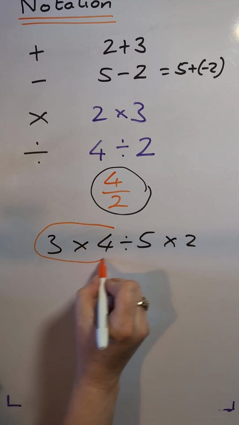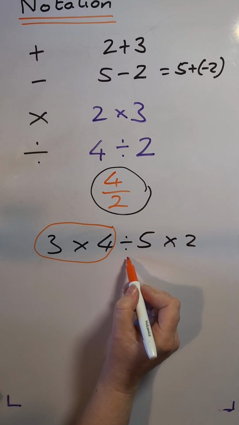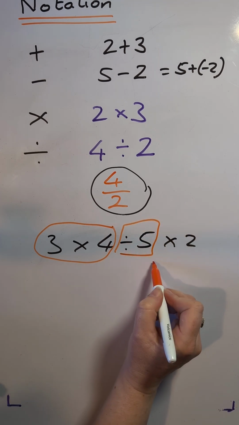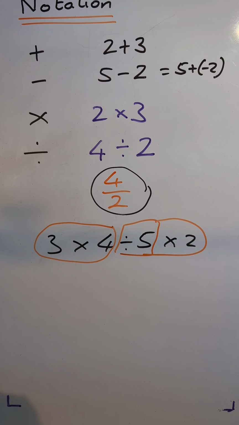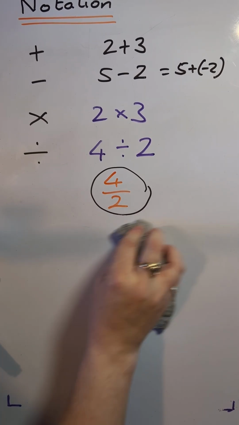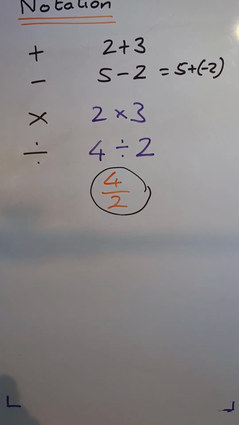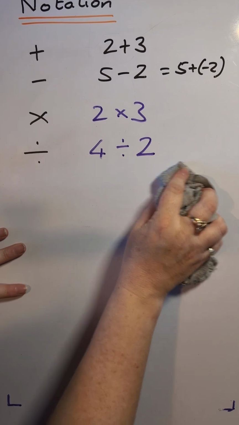We've got a 3 times 4 going on, so we know they're multiplying. But what's dividing? Is it just this bit, or is it the full thing? It's unclear, and it makes a big difference. And if you play about with the numbers in the worksheet, you'll discover the difference. So I'm not going to spoil that joy for you. If you already understand, don't worry.